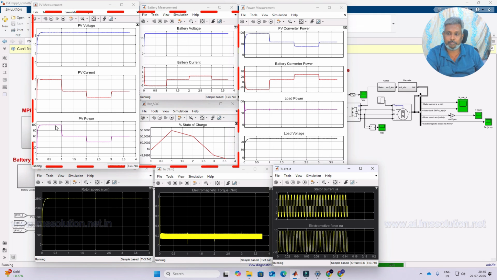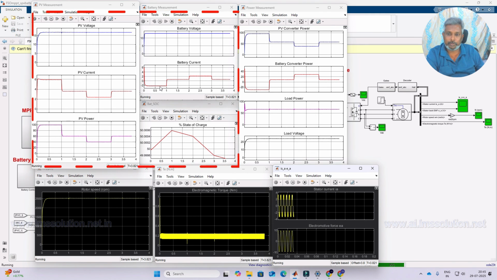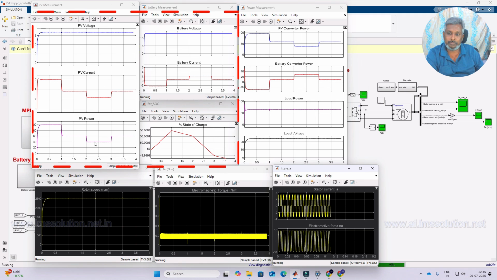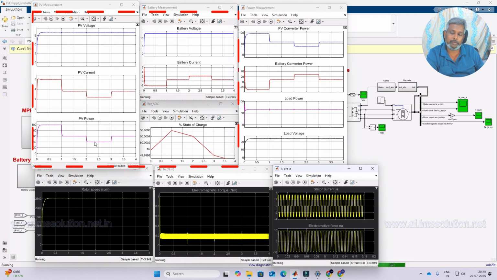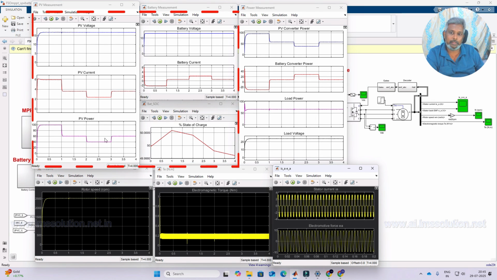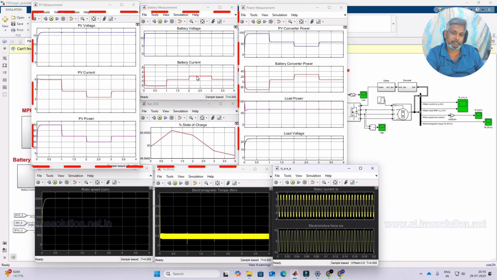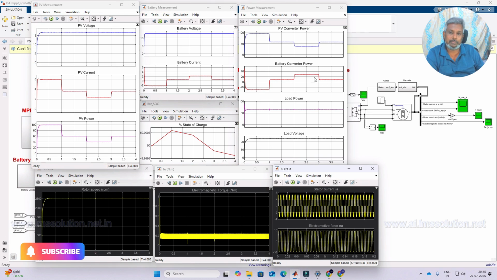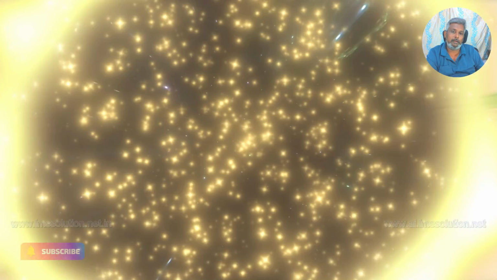If there is excess power in the PV, then the battery goes into charging mode. If there is no excess power, that means the PV power is less than the load power, then the battery will discharge to supply the power requirement according to the load demand. So this is the working of the model.